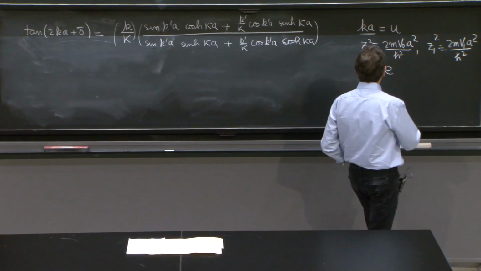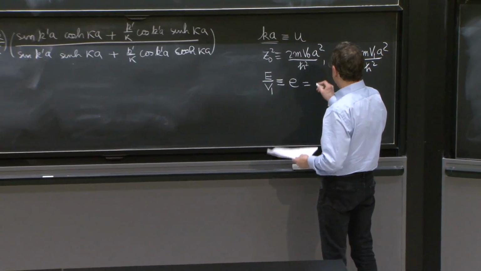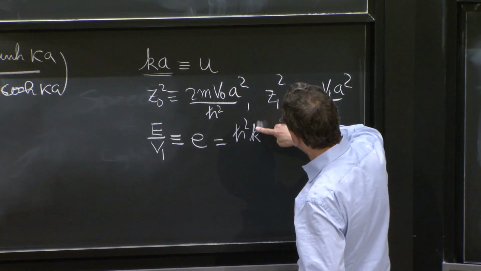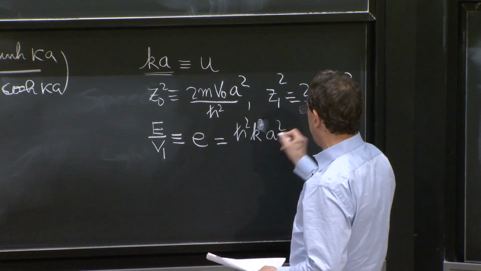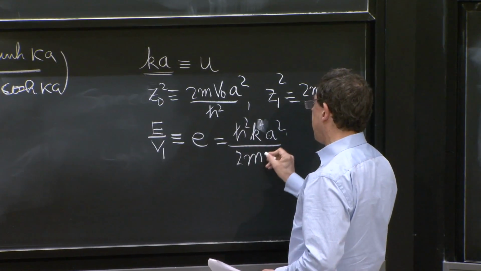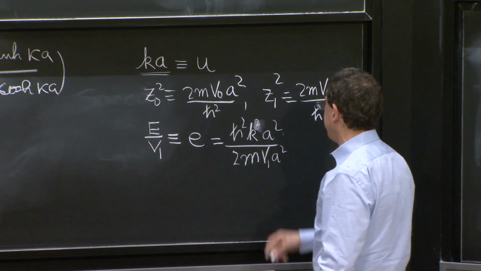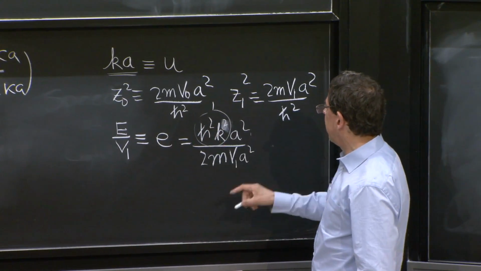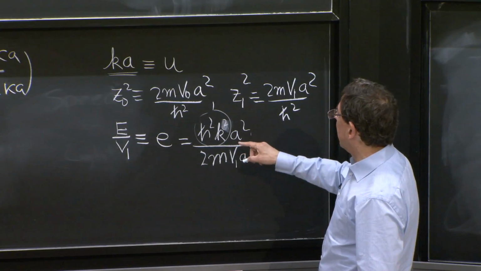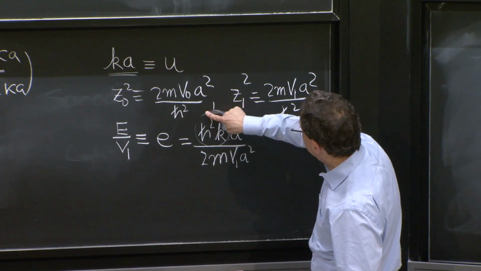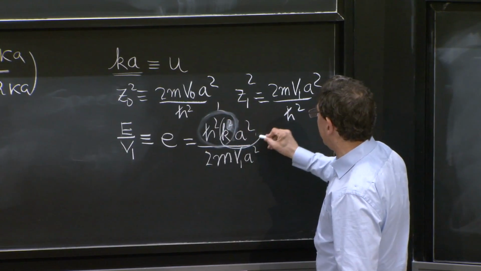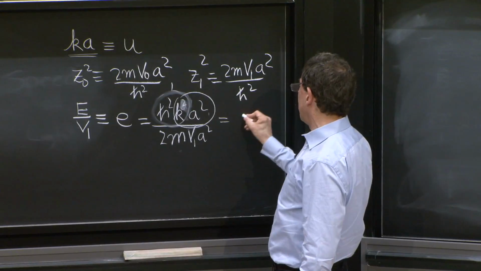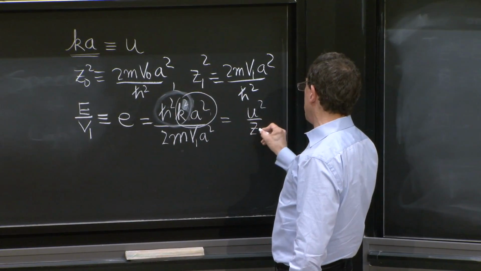And therefore, this ratio is h-bar squared kappa squared over 2m V1. You can put an a squared over 2m V1 a squared, and you can see a u squared here. And, I'm sorry, not there. A u squared here. And the h-bar squared divided here gives you a z1. So this is u squared over z1 squared.